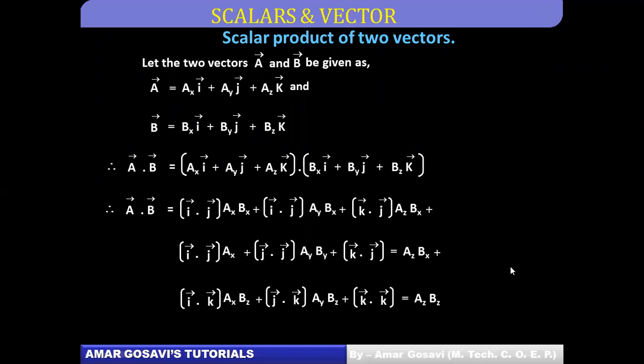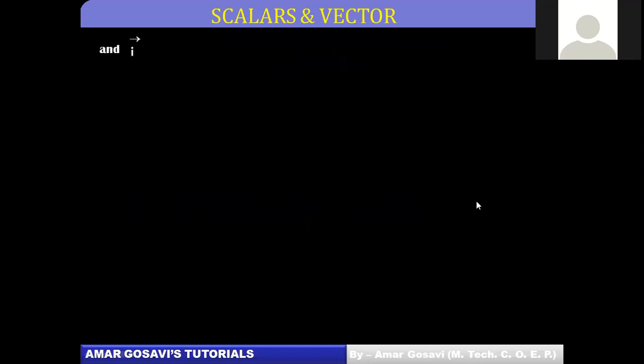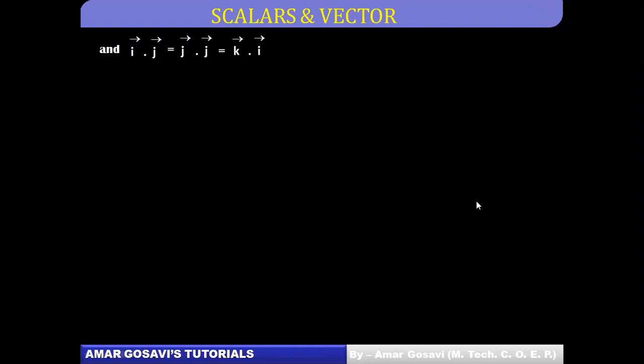Then a bar dot b bar can be represented as, okay, let's move ahead. Give me a moment. We all know this. Okay, this is something which we have proved right now. So a bar dot b bar would be first row से आ जाएगा ax bx multiplied by 1.